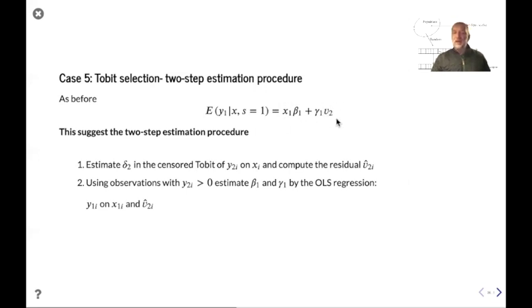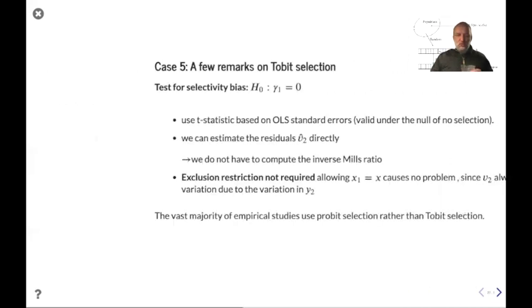So using observations only where y is positive, that is when you got the selection, you can estimate beta and the coefficient on the selection term simply by a simple OLS regression. That is the second step, y1 on x1 and these generated residuals. So that's another two-step procedure for estimating sample selection regression models.